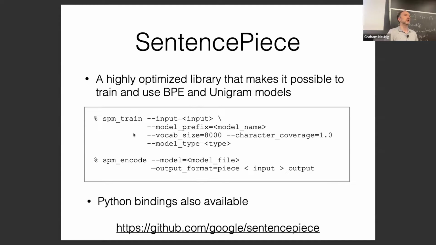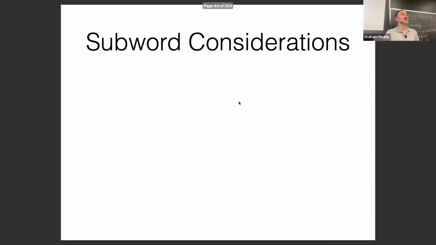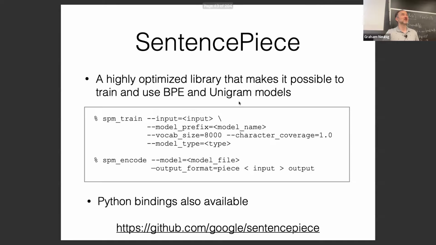You can run it on the command line, just using these commands, or you can also use Python bindings. And there's also an example in Hugging Face. Apparently, I saw just yesterday or this morning that this got 10,000 stars after 6 years of being out. So congratulations to the SentencePiece authors, I guess.